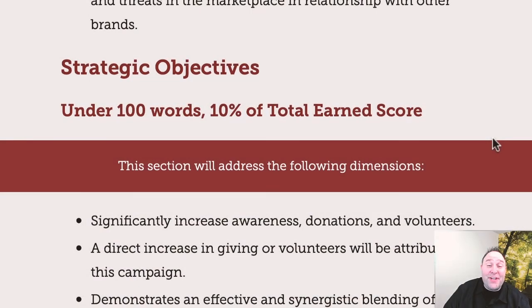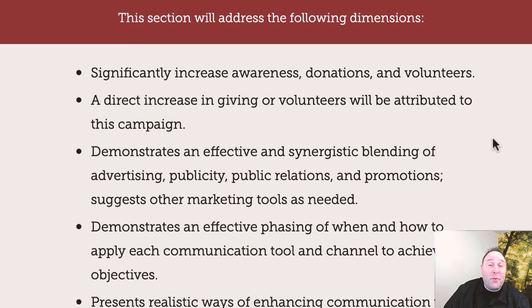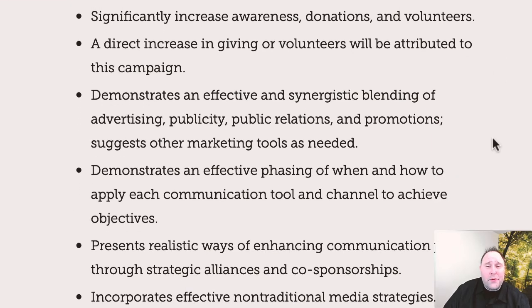In your strategic objectives section, there's a couple of things that I want to draw your attention to. The first important thing is to get laser specific on what your objectives are, because you have a very short amount of space to make the case that your particular campaign will be successful in its goals. And if you carve out awareness, donations, and volunteers, all of those things, then chances are it's going to be difficult to prove that you can be successful.